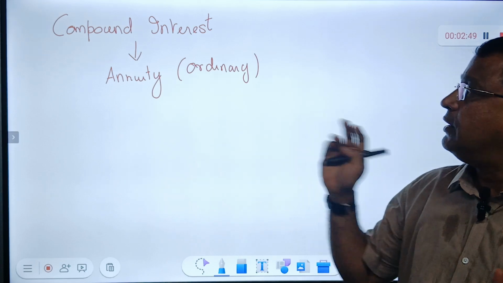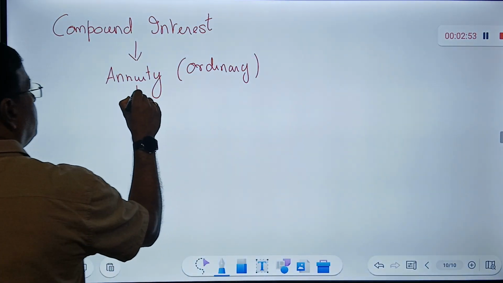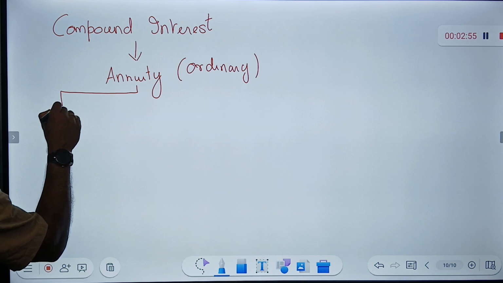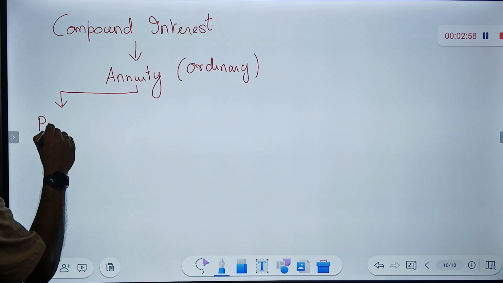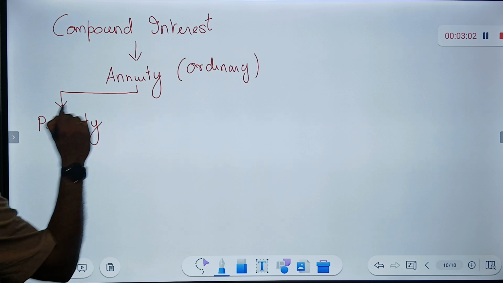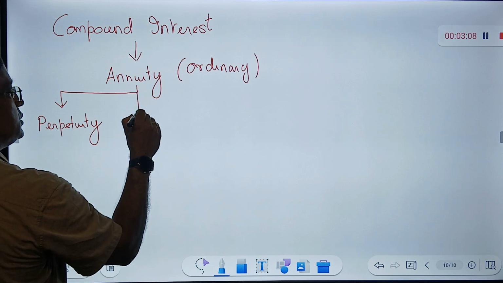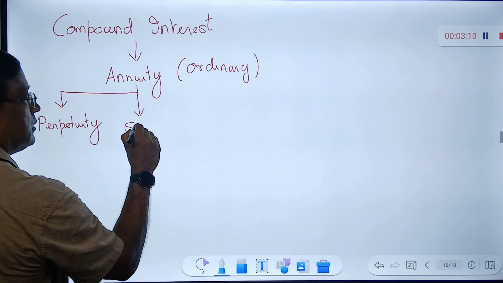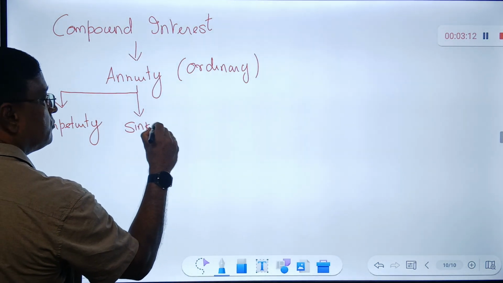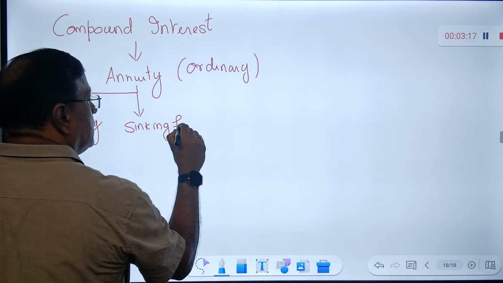Annuity is very, very important. Now, from annuity, if I impose certain conditions, it becomes perpetuity. So perpetuity is nothing but an annuity. If you put some other condition, some other application, or some other understanding, it's called a sinking fund.